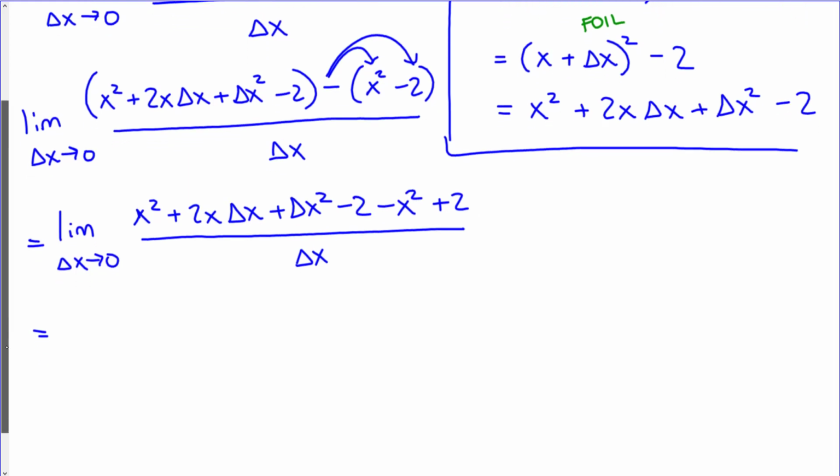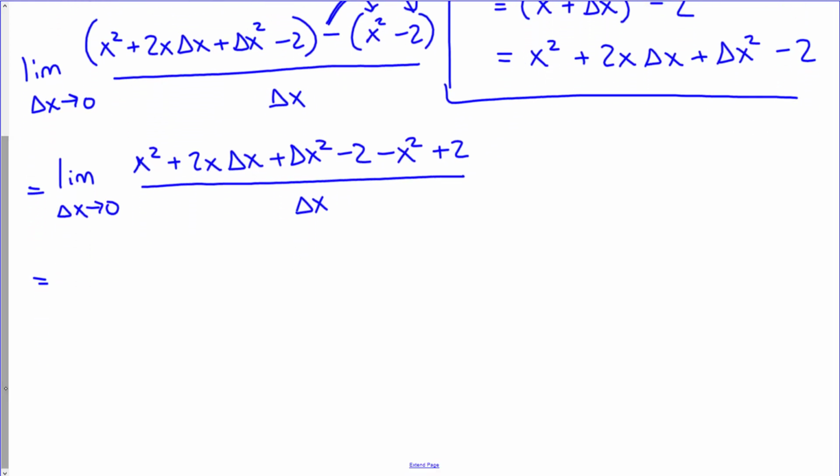So that this x squared cancels that one. This positive 2 cancels that negative 2. Leaving me with the limit as delta x goes to 0, 2x times delta x plus delta x squared all over delta x.